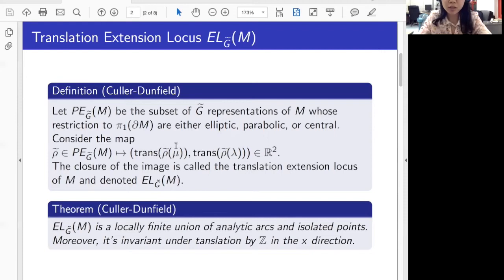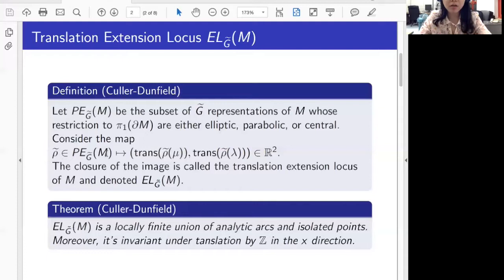Therefore, we can use translation numbers to parameterize a PSL2R tilde representation that's elliptic when restricted to the boundary. For parabolic elements, the translation number will lose some information, but since we do not really care about representations that are parabolic or central when restricted to the boundary, we don't need to worry about them.